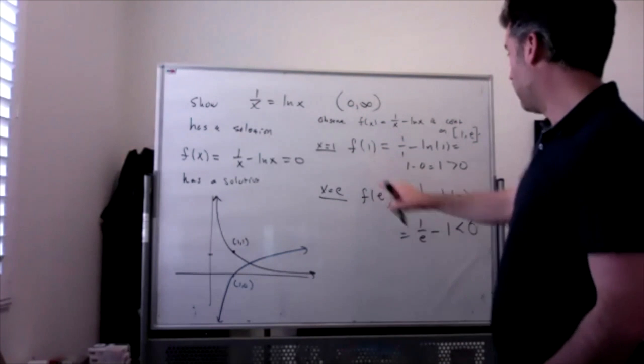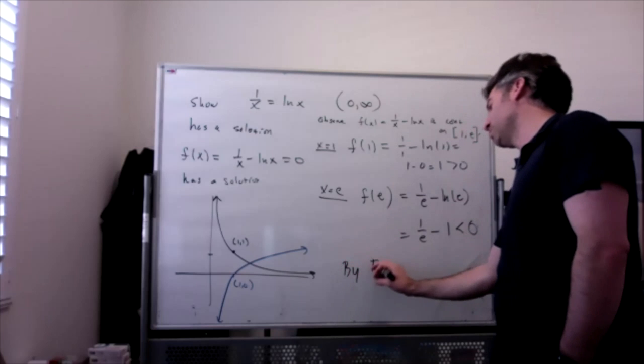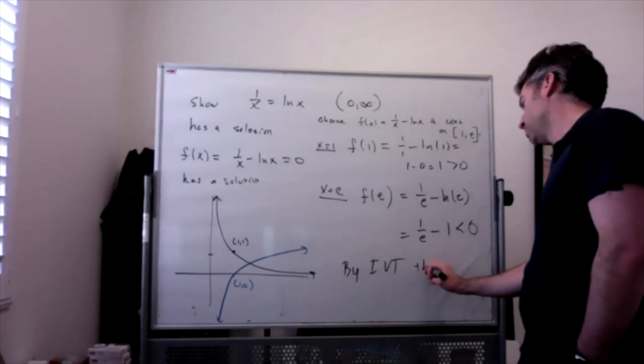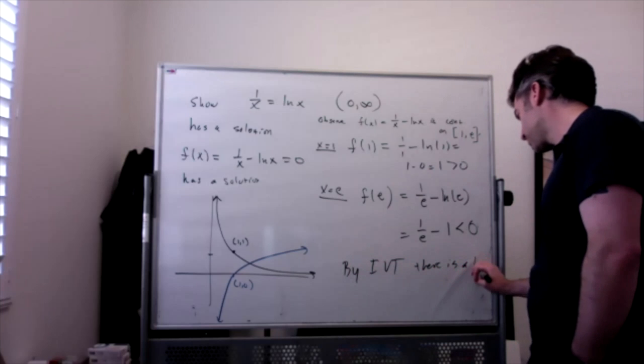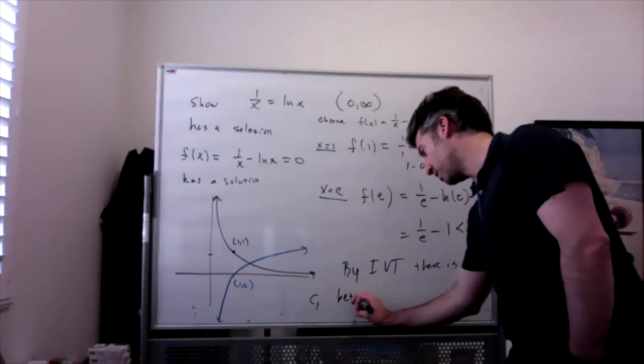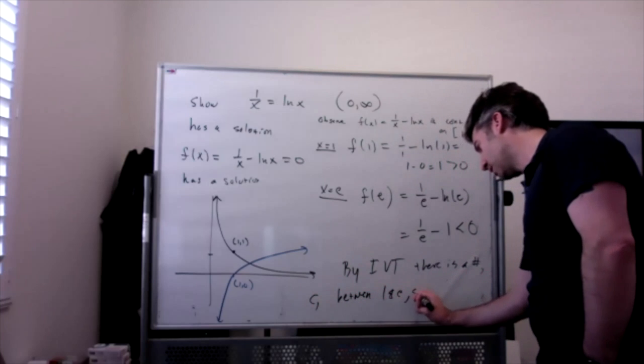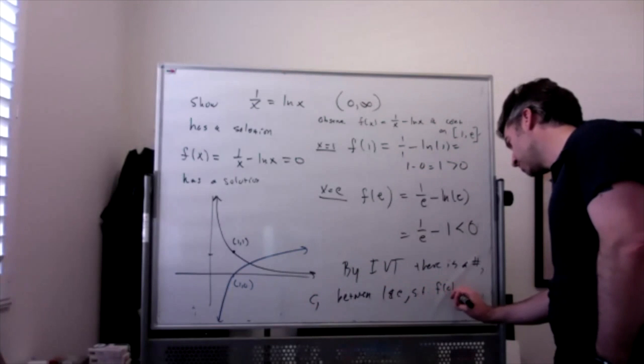And then f of 1 is positive, f of e is negative. So by the intermediate value theorem, there is a number c between 1 and e such that f of c equals 0.